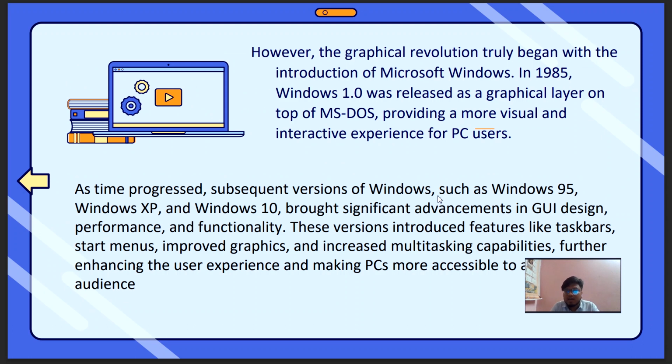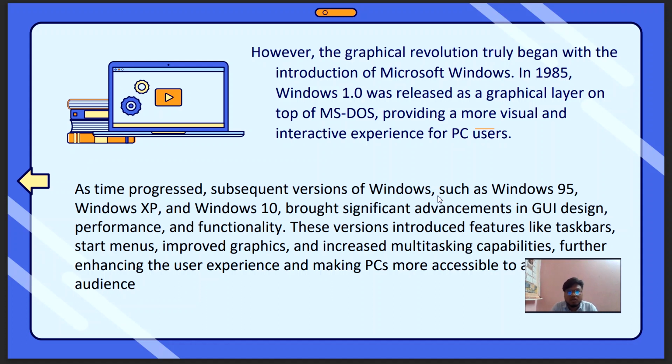However, the graphical revolution truly began with the introduction of Microsoft Windows. In 1985, Windows 1.1 was released as a graphical layer on top of MS-DOS, providing a more visual and interactive experience for PC users. MS-DOS was an already existing operating system which was developed by Microsoft.